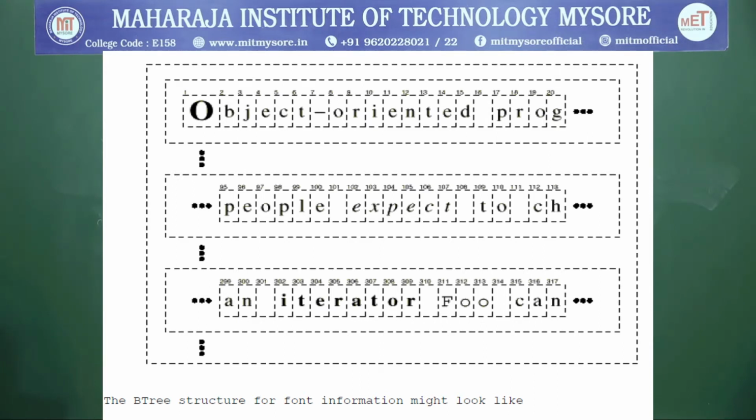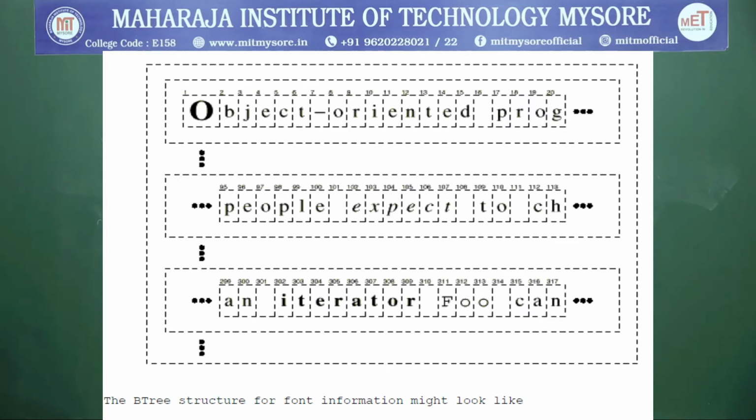You can go through this diagram of what the B-tree structure for font information might look like. It contains the characters, object oriented programming, with the continuation in the second row, and the same way in the third row, and so on. It is given row-wise and column-wise.